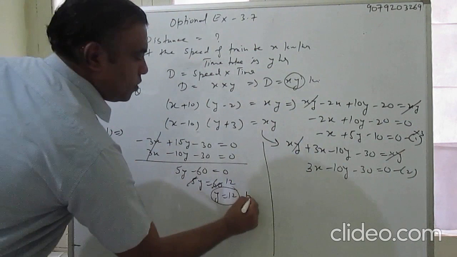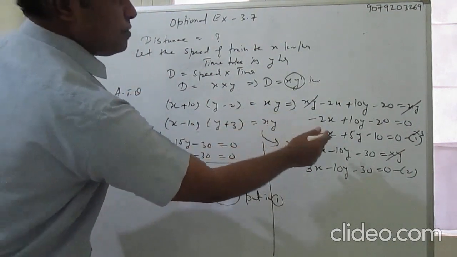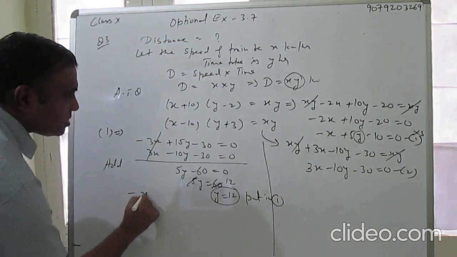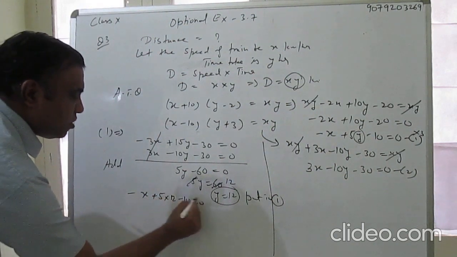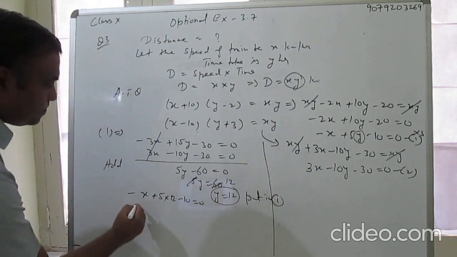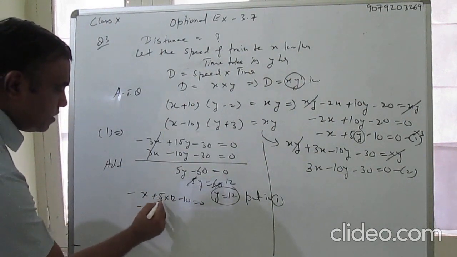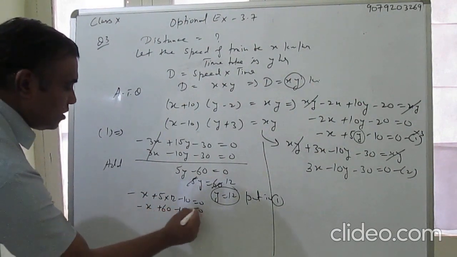Put it in equation 1, our first equation. Put y here. So minus x plus 5 into 12 minus 10 is equal to 0. So minus x plus 60 minus 10 is equal to 0.